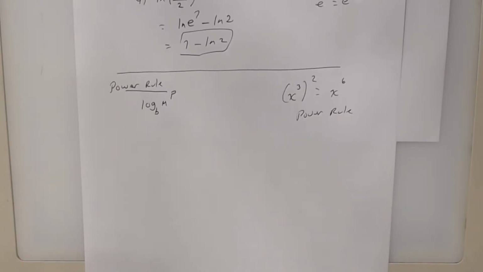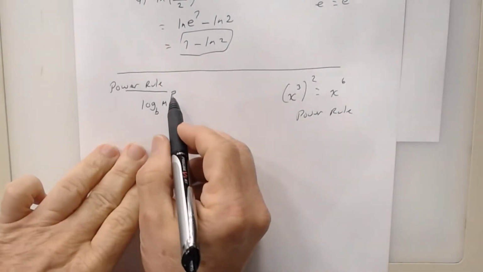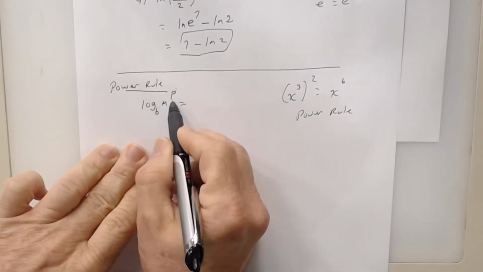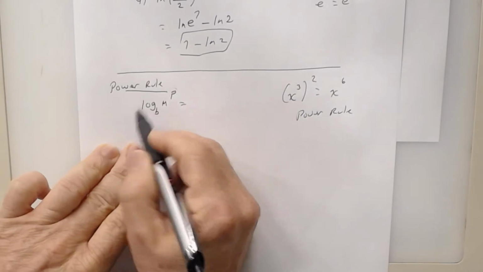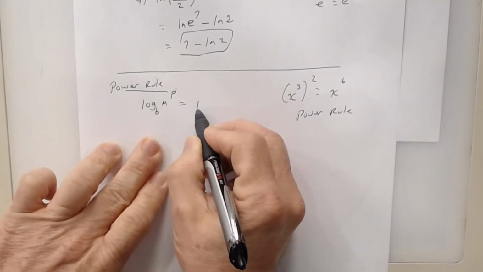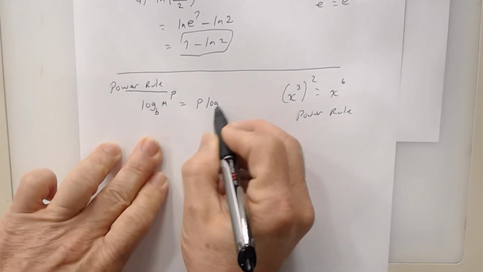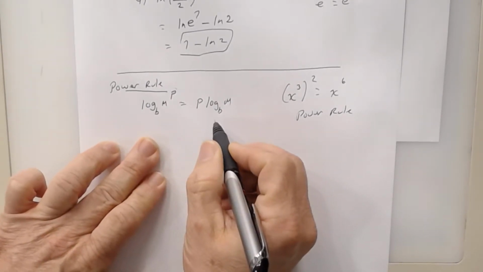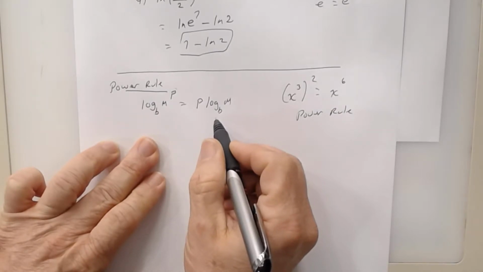Listen carefully to what you're going to do. You see that power? You're going to put it out in front. So you're going to write it as a product: p times the log of m base b.